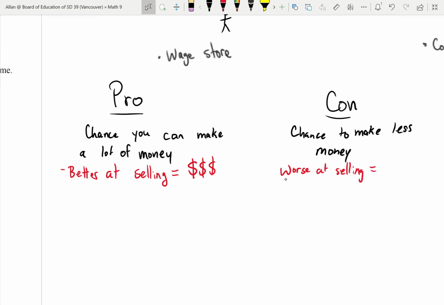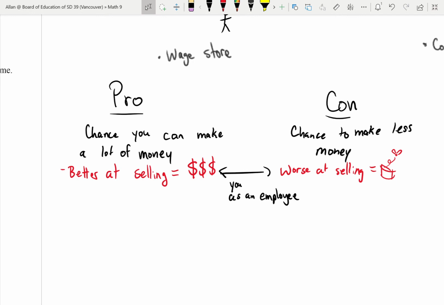It means you're not really going to get anything. So, empty wallet, no money. But the thing is, there's more than just this. This one right here is related to you as an employee.